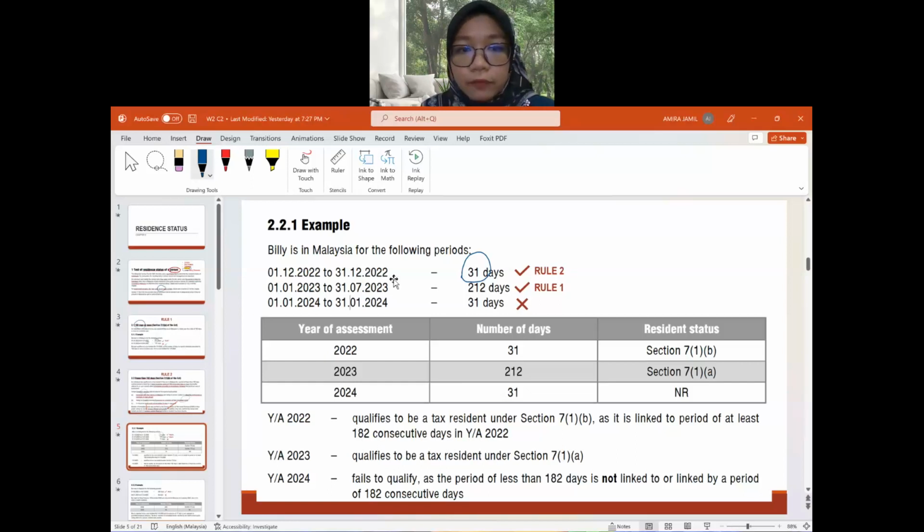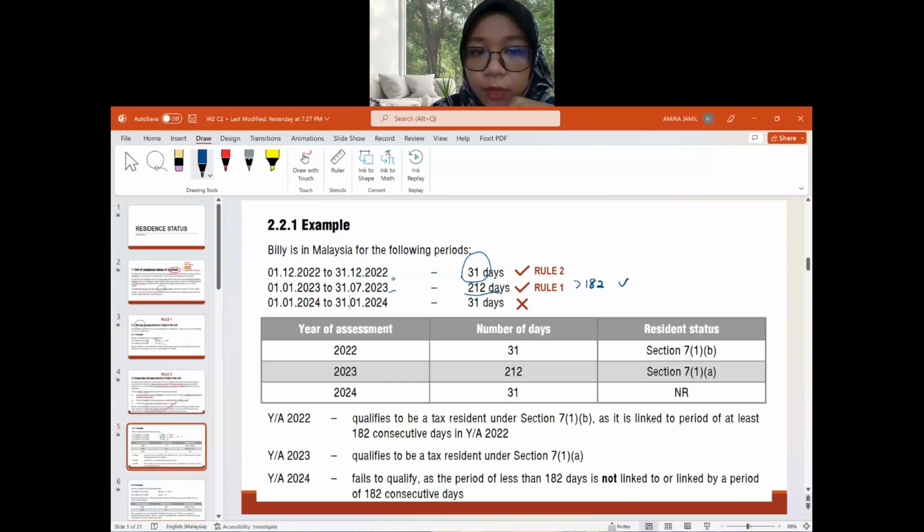Okay, and then for 1st January 2023 until 31st July 2023, he lived in Malaysia for 212 days. Under rule number 1, it is more than 182 days. So, it's considered as tax resident.